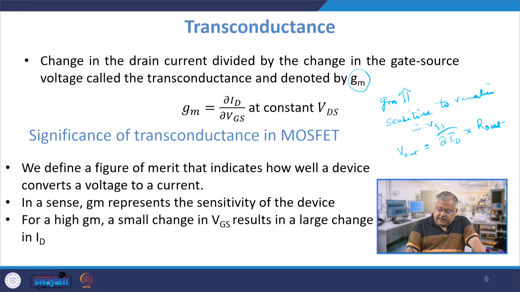So if you are able to maintain this very high, then delta V out will be very high, and that is the whole idea: if you want a device to have a relatively large gain, you try to ensure that delta V out is very large for a small change in the input voltage. What is the input voltage here? The gate voltage is the input voltage here. So for a small change in the gate voltage, if I get a large change in the output voltage, I define that to be a sensitive device, or the gain is very high, and that is the reason we say that this is transconductance.